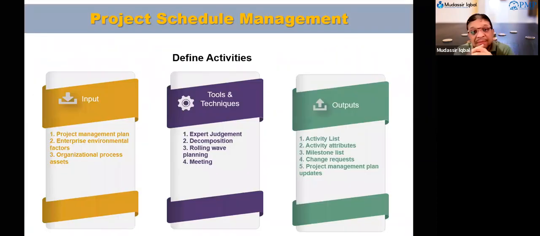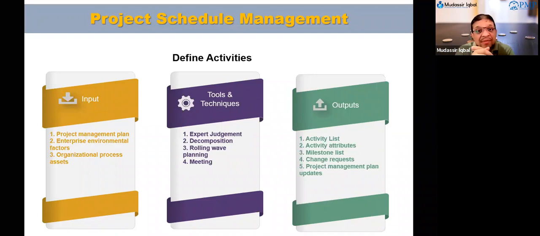The schedule management plan, the scope baseline, the enterprise environmental factors, and organizational process assets are all going to impact our defined activities. Schedule management plan will tell me what we need to do. Scope baseline will tell me what the work breakdown structure is, and once these activities are done, what is the work package that will be delivered.